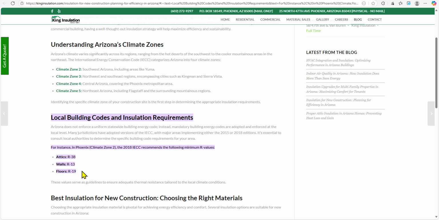R38 makes a lot more sense. Understanding Arizona's climate zone. Zone 2 is Southwest Arizona, including areas like Yuma. Climate Zone 4, Central Arizona, covering the Phoenix metro area. I don't know why they're saying Climate Zone 2 for Phoenix. That is a contradiction. They're saying here that Phoenix is a Climate Zone 4.